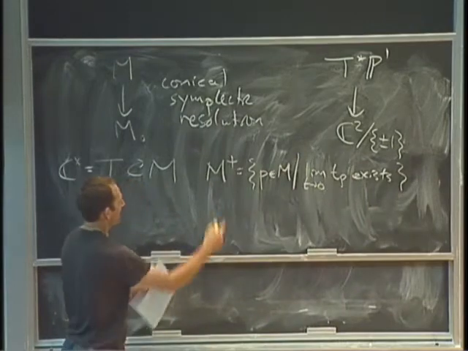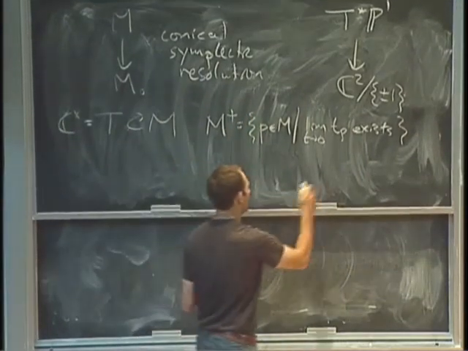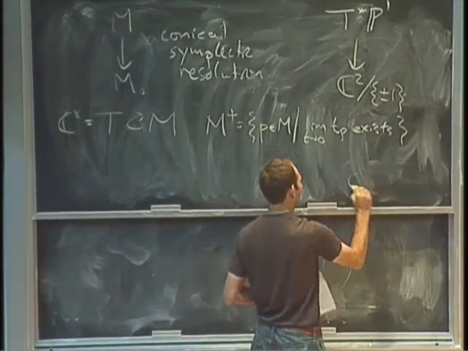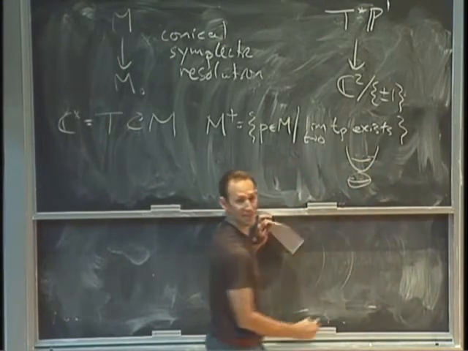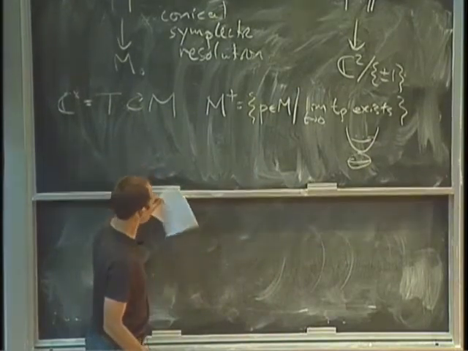In the running example, you should think of the zero section union one of the fibers of the cotangent bundle for my M plus.